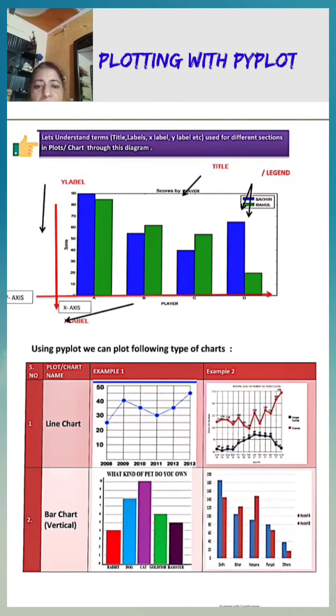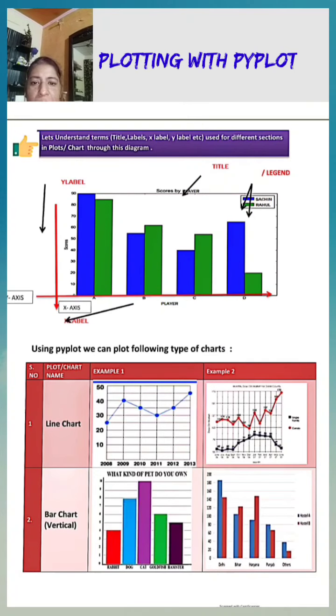Next, here are some examples of charts. Like in the first diagram, you can see this is the bar chart. Bar chart you have studied in class 8th, 9th. It is a 2D graph, two axes, one is x-axis and another is y-axis, and it represents the value in the form of bar.